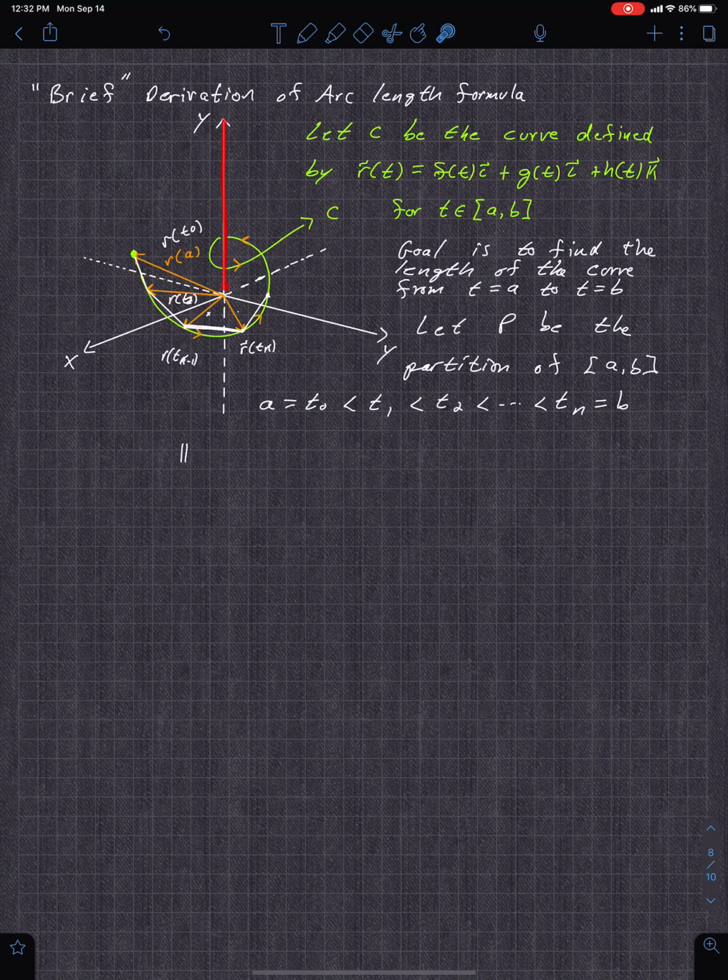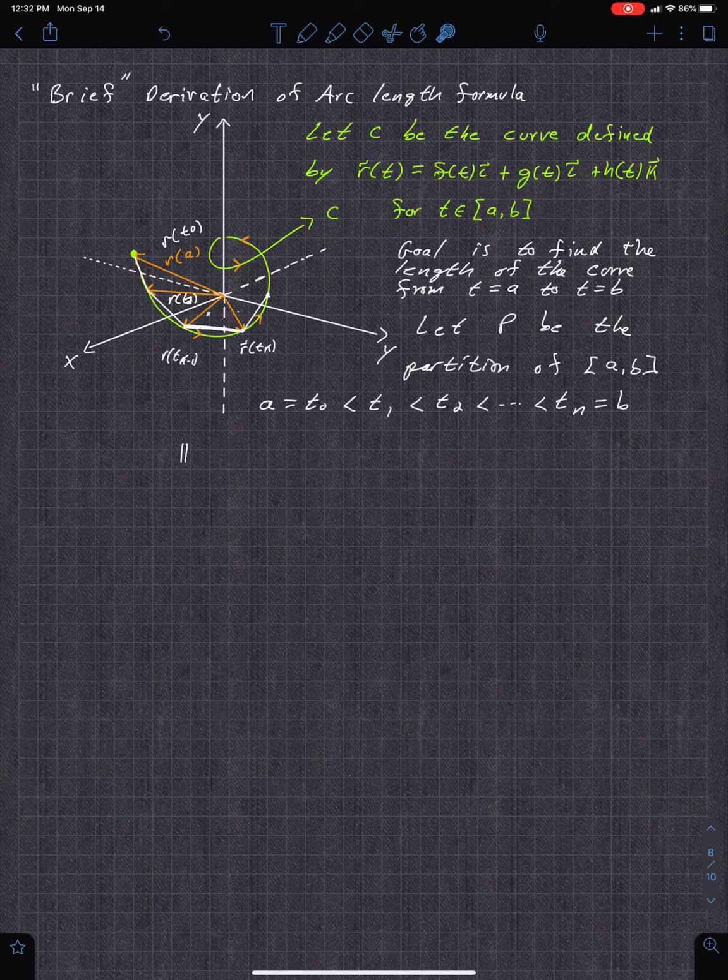So you have your function like this, your axes, and then I put in this generic picture of C, and then you have your r of a, r of t2, etc., tracing this thing out. This is how we would start it.